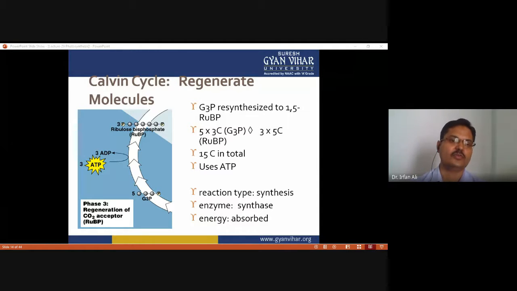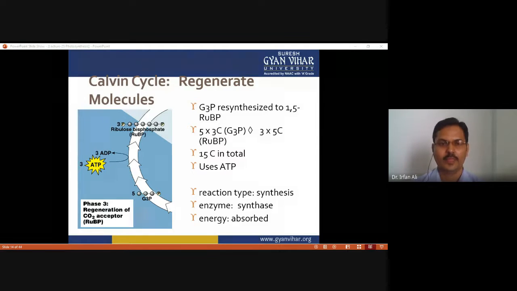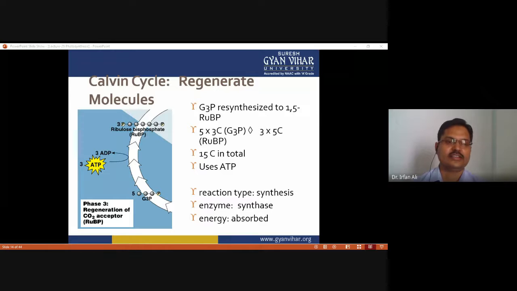You have to see that energy is absorbed in the form of ATP. So this is called regeneration of the CO2 acceptor. So who is the CO2 acceptor? The CO2 acceptor is RuBP, ribulose bisphosphate, which is the substrate of Rubisco. Now this cycle is able to continue and can fix the next carbon dioxide molecules.